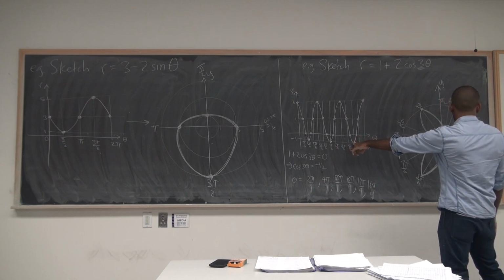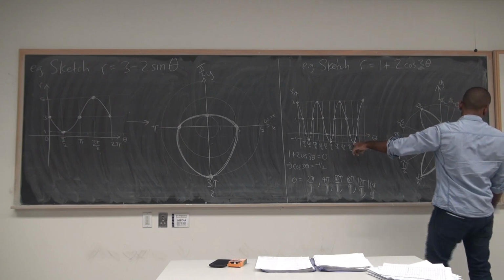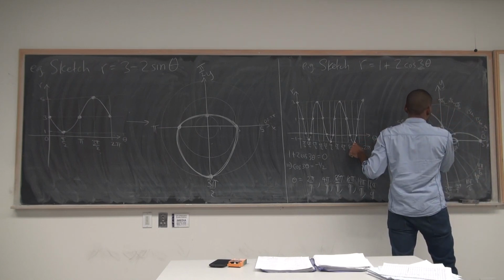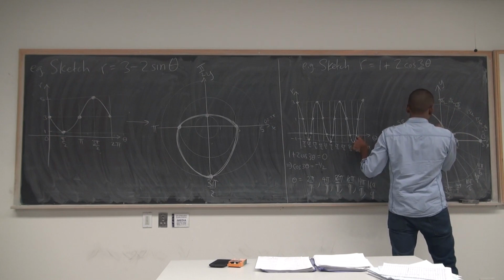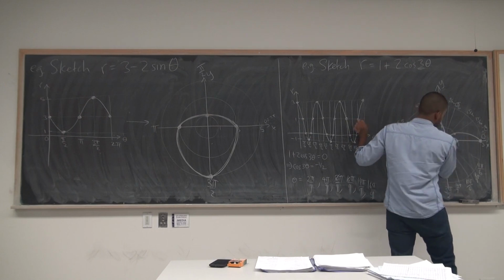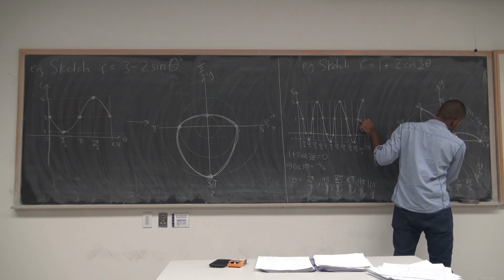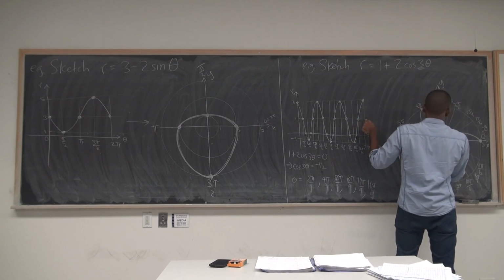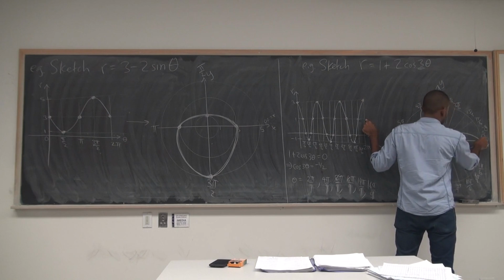Then I'm going to go to my 10 pi over 6, which is here, but I'm going to go in the opposite direction. So I'm going to come here, hit that little loop, come back to 0. Then I'm going to jump to 11 pi over 6, circle radius 1. Then at 2 pi, I go back to 3, and I close out the graph.